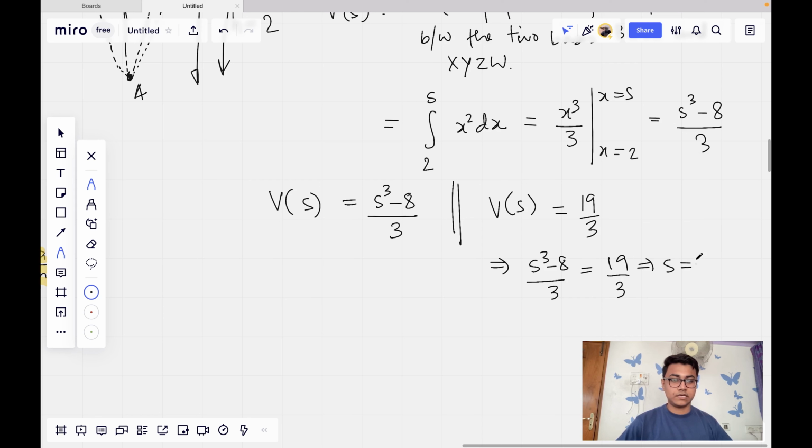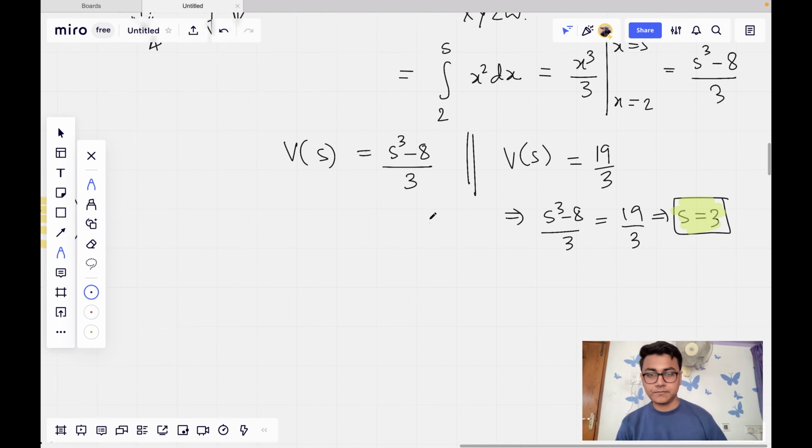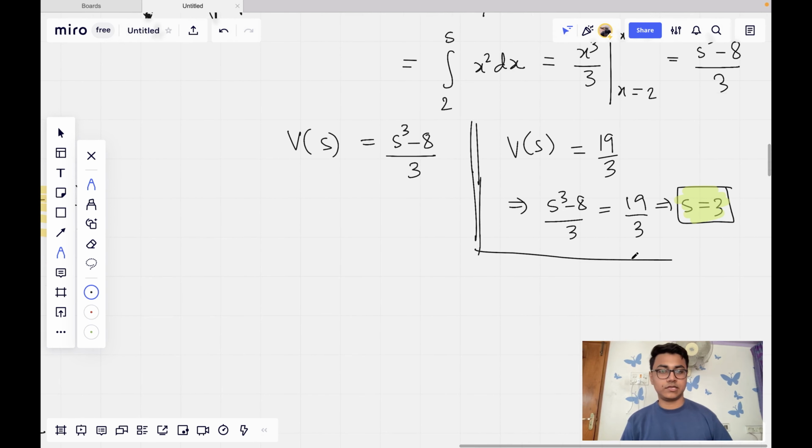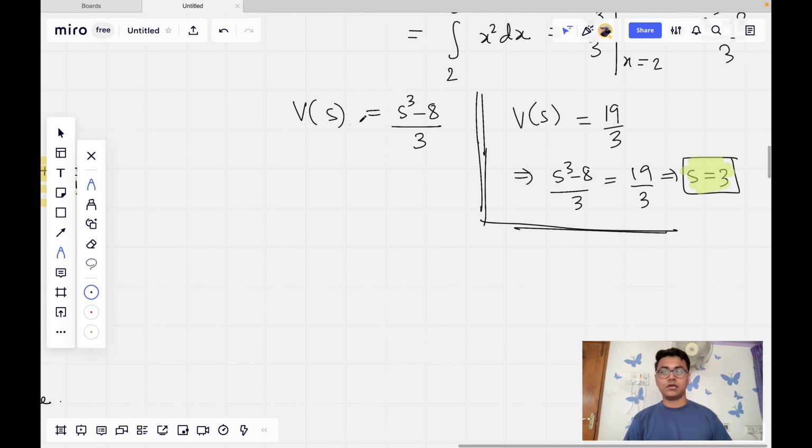So this gives us s is equal to 3. So after 1 hour, the height of the water in the pond is 3 meters. This is something that we will need a little bit later. Currently we have V of s equals (s cubed minus 8) by 3.